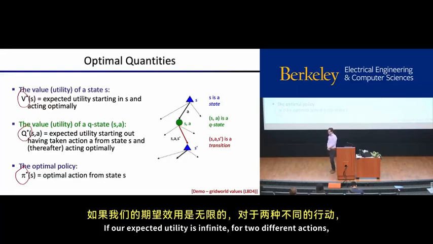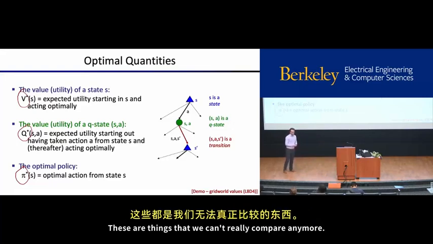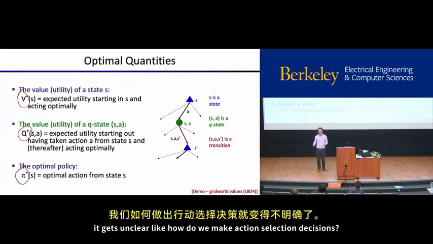So that's saying, from a state S, V star is the expected utility for taking the optimal action from S, and then continuing with the optimal policy thereafter. So we just take an optimal action and we keep making optimal decisions after that.